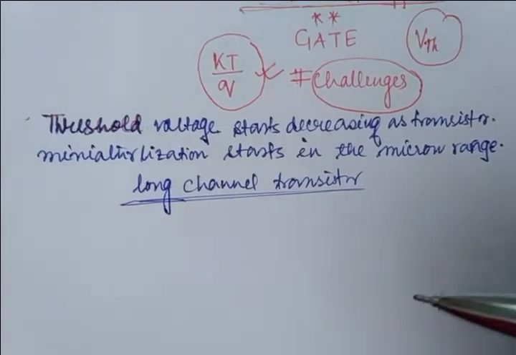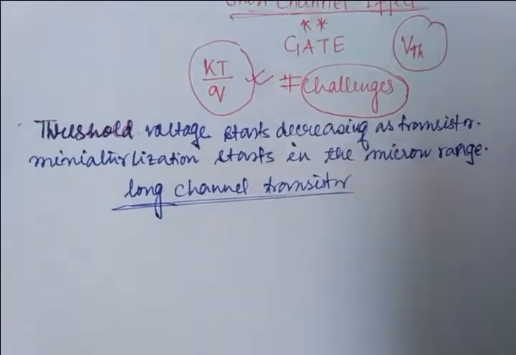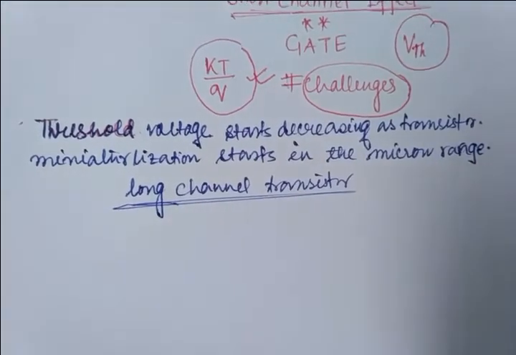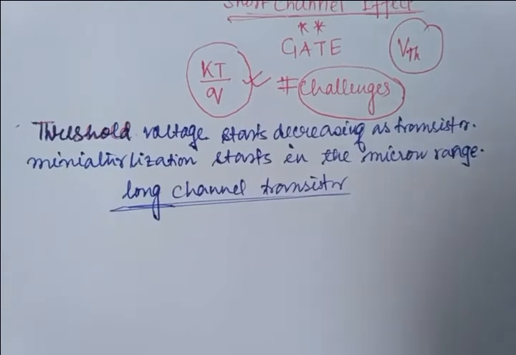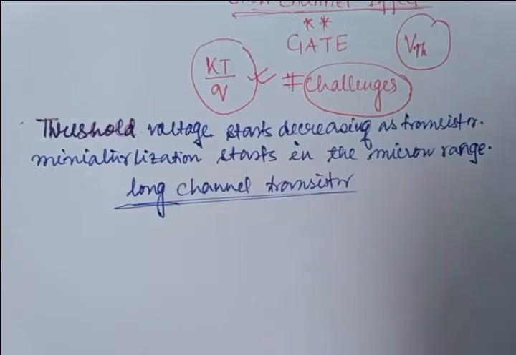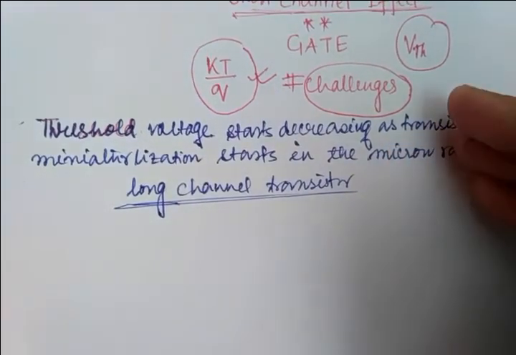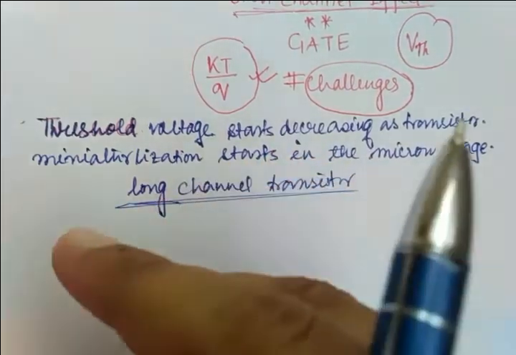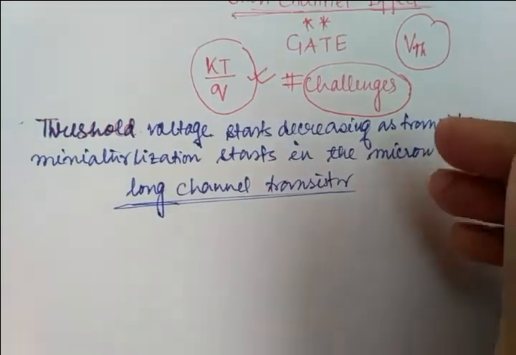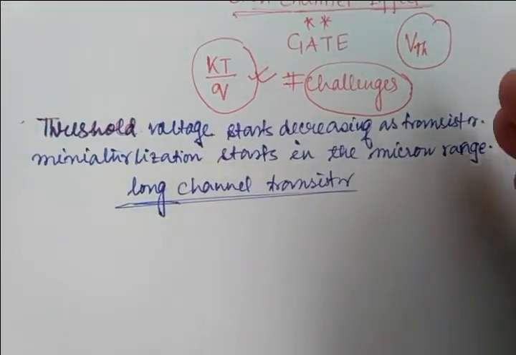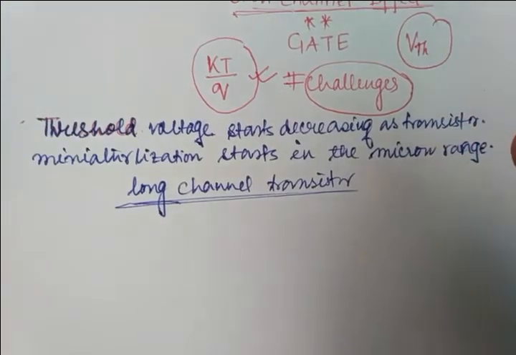We will not derive it properly, but we should have knowledge of the threshold voltage in the long channel transistor, and from there we will discuss the short channel effect. Without knowledge of the threshold voltage, it is impossible to discuss the short channel effect.